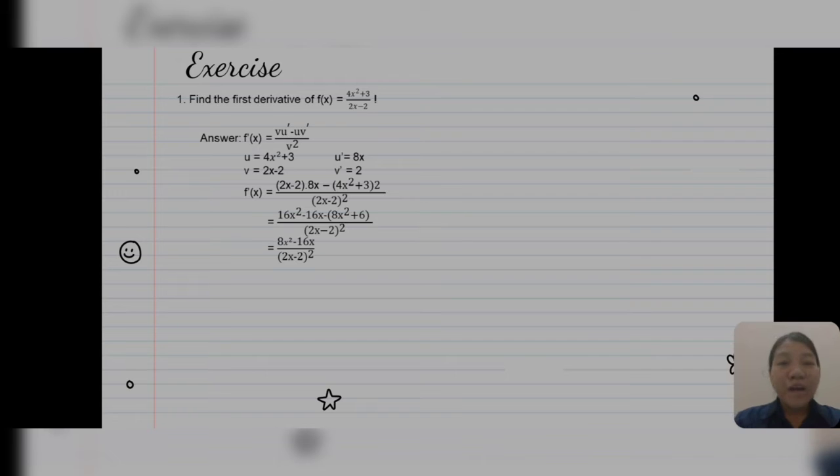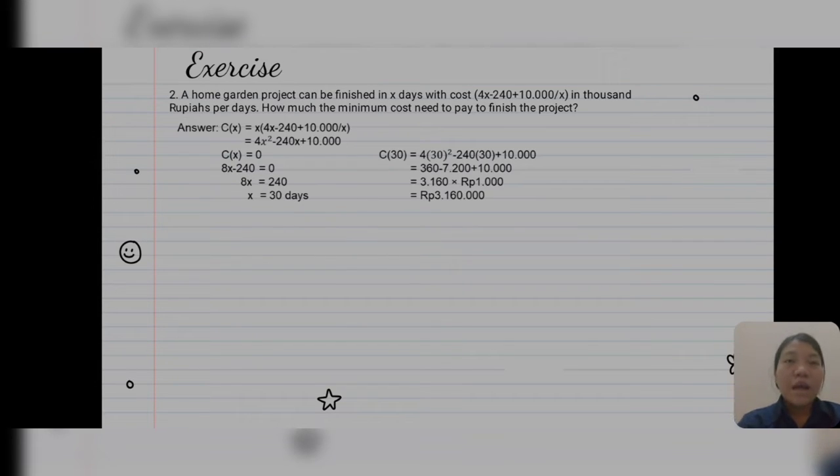And the final, we got the answer that is 8x squared minus 16x per open parenthesis 2x minus 2 close parenthesis squared.